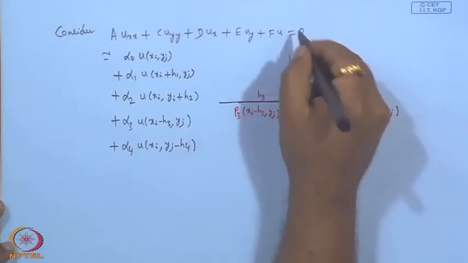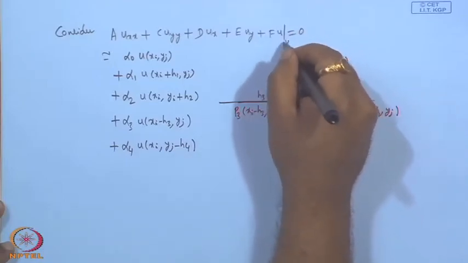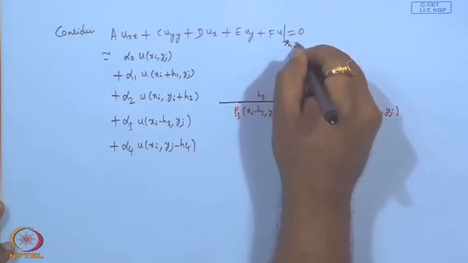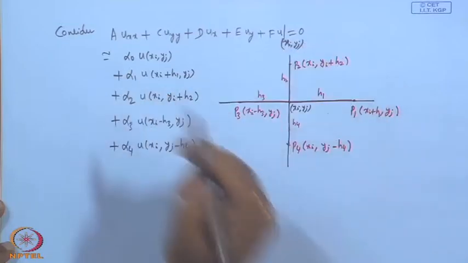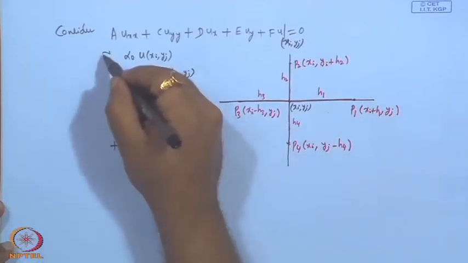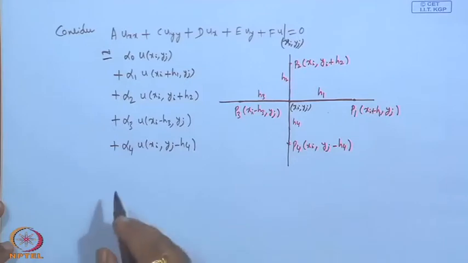So, this at x i, y j we would like to approximate by this.